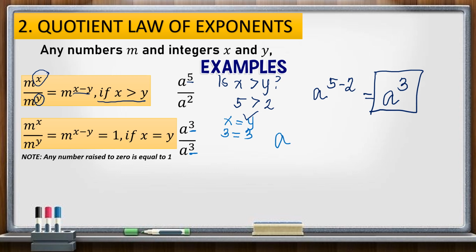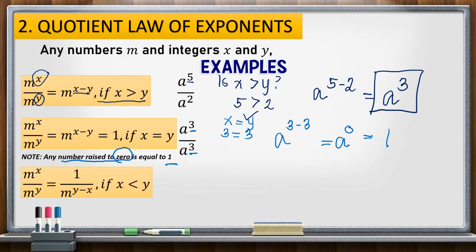We copy the base, raised to 3 minus 3, and that will be equal to a raised to 0. Ito po yung note natin dyan: any number that is raised to 0 will always be equal to 1. So that will be the second case for the quotient law of exponents.